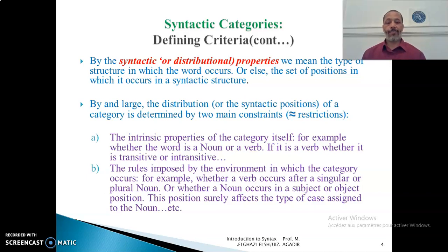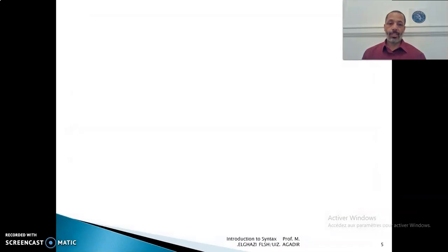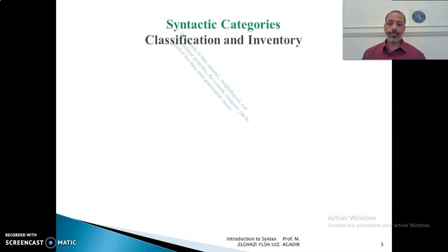This position surely affects the type of case assigned to the noun or pronoun. For example, a subject pronoun occurs all the time in a subject position. An object pronoun occurs all the time in an object position, and they are not allowed to change their positions according to the rules of the language.